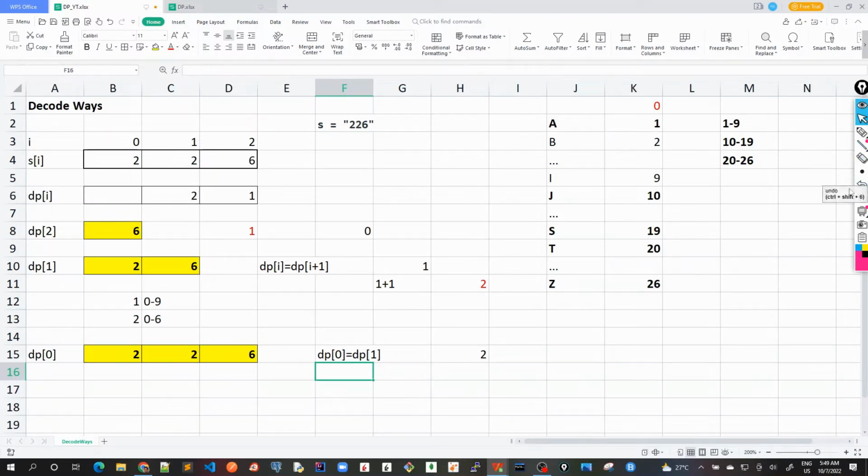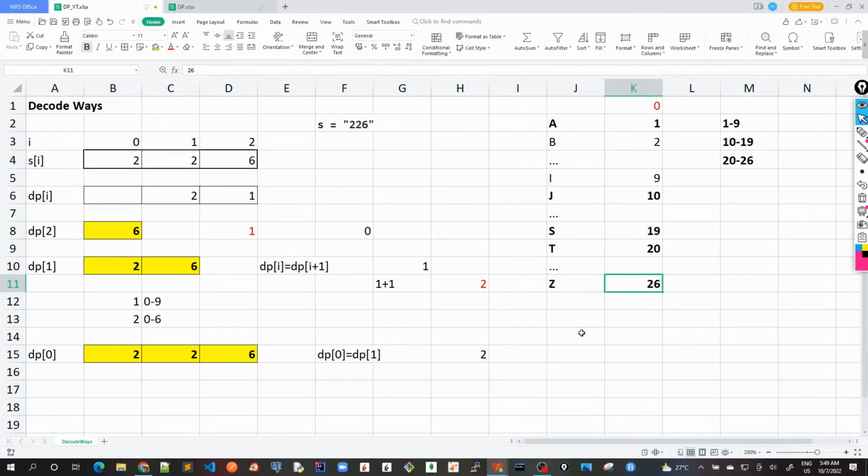But we have noticed one thing here, right? At the max, because our range is only from 1 to 26, we can only have a valid number with 2 digits. We cannot take 3 digits at all, because it would be like 226, way out of the range. We can only choose 2 digits at a time maximum.